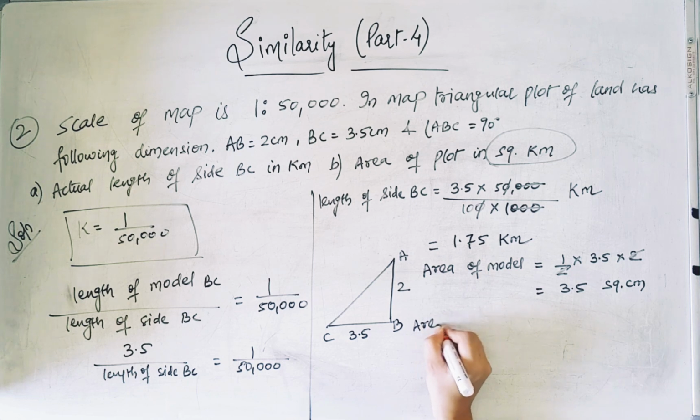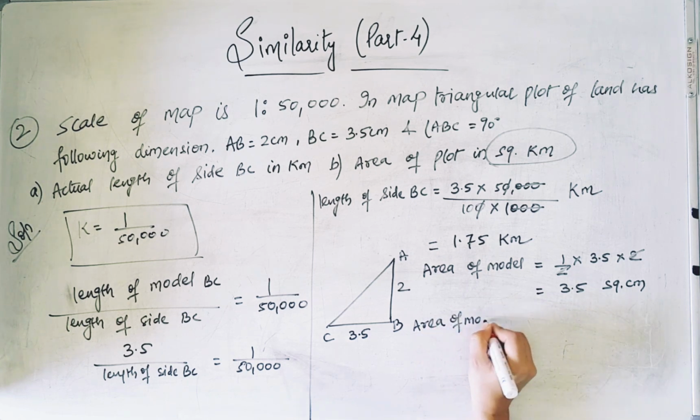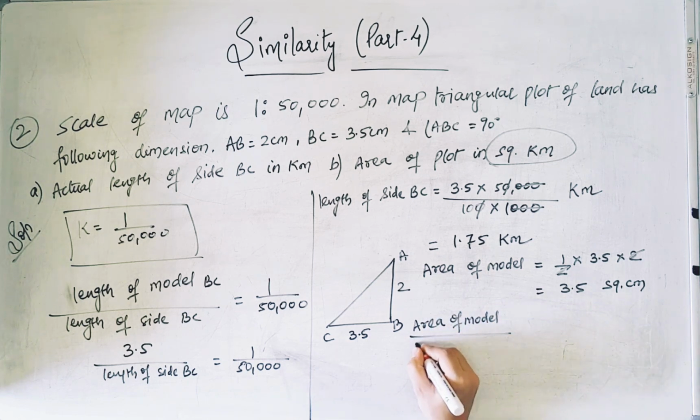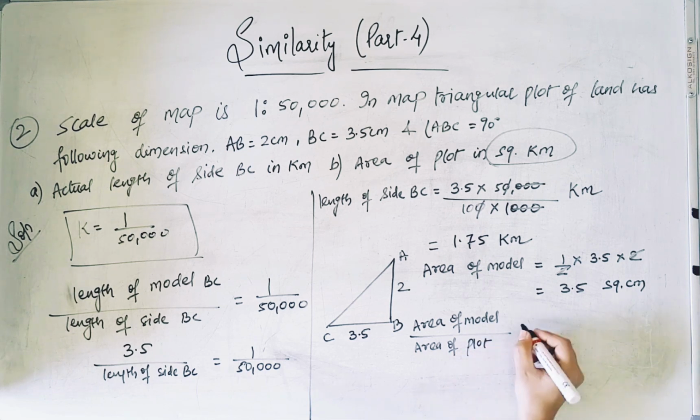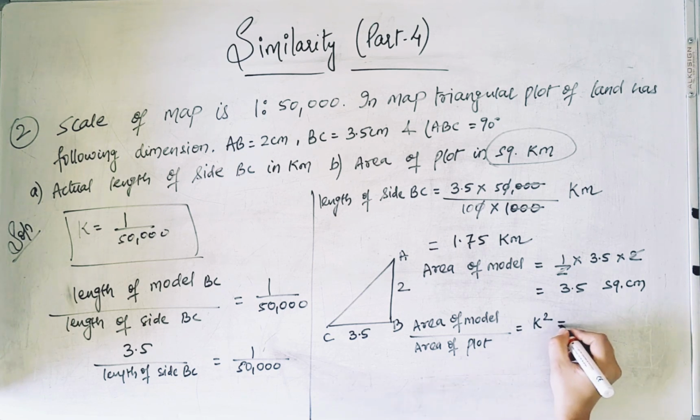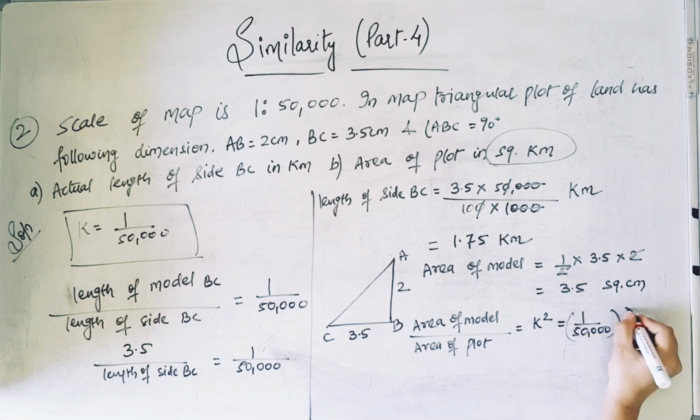Now what formula do we have over here? Area of model by area of triangle, or we can write area of plot. This will obviously be K square. अब K square क्या है? 1 by 50,000 square.